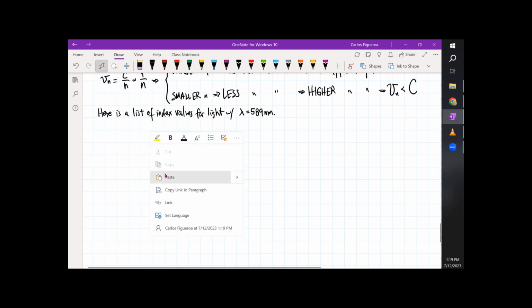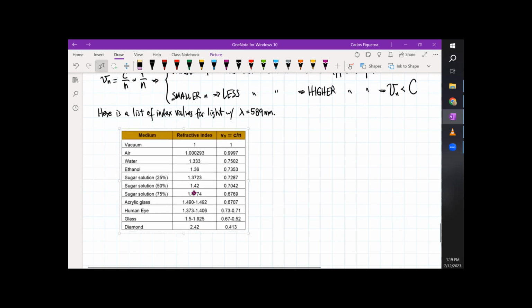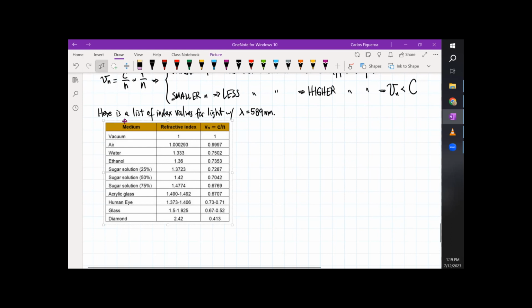So what am I seeing here? Here's my table. And what you're seeing here is that I have a medium. There's vacuum. So if you're at vacuum, you can see that the index of refraction is 1. And therefore, the speed of light in vacuum is c. Air, you can see here, it's as close to 1 as you could possibly get, but it's not exactly 1, but it's pretty close. So we typically say that the index of refraction of air is the same as vacuum, and we give it a value of 1.